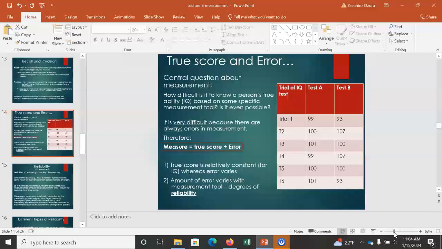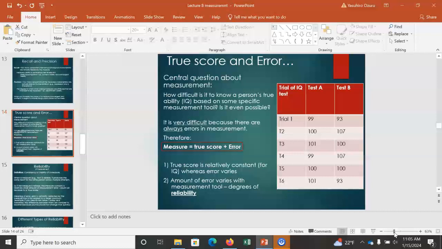The measurement scores that you actually observe, such as in this case 100, 99, 100, 101, 99, 100, 101 for test A, and 93, 100, 700, 100, 700, and 93 for test B, contain both true score and error. To the extent that measurement logic assumes that the true score doesn't change, but error changes because of different situations, the variability, the inconsistency of the score, is due to error.